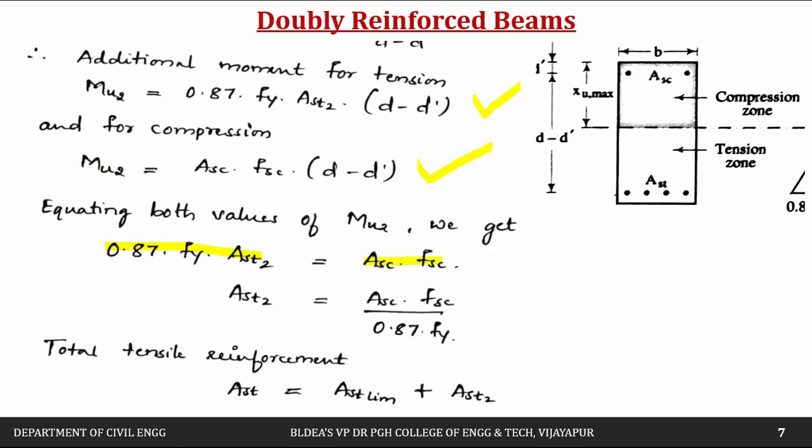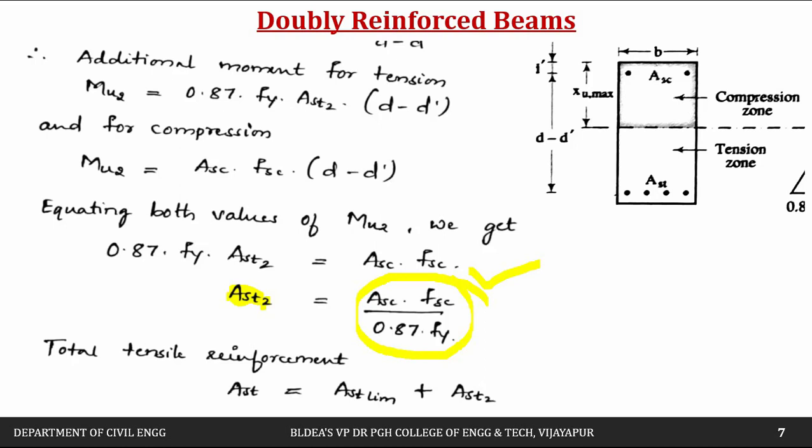So if you want to calculate this AST value, you cross multiply here. You will get AST2 equal to ASC into FSC divided by 0.87 Fy. So if you want to calculate the area of steel in the additional tensile reinforcement, AST2, you can calculate it based on this formula: ASC into FSC divided by 0.87 Fy.